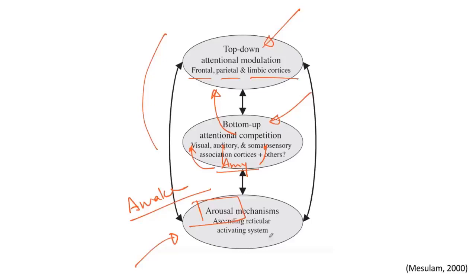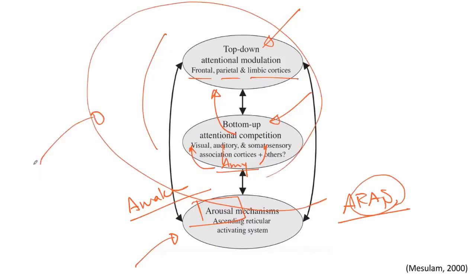And for that, we have what we call the ascending reticular activating system, or ARAS, or sometimes just RAS, reticular activating system. This system, with some kind of brain chemical, would help us keep things going and keep us awake, with enough level of arousal to be able to engage these functions. Without that, these functions are not going to work.